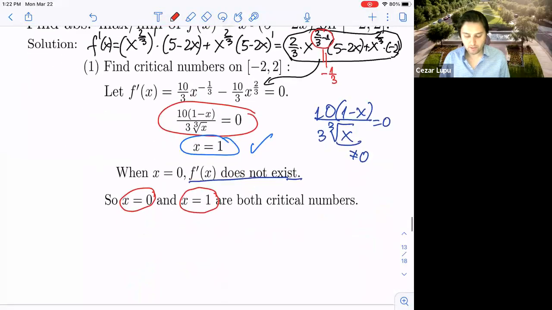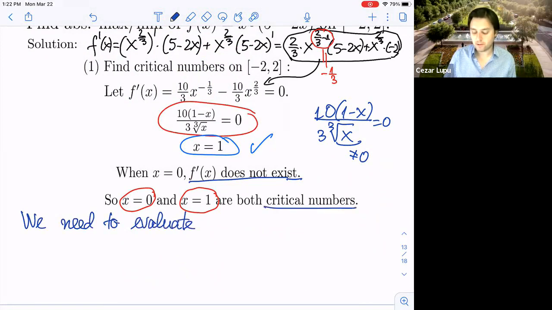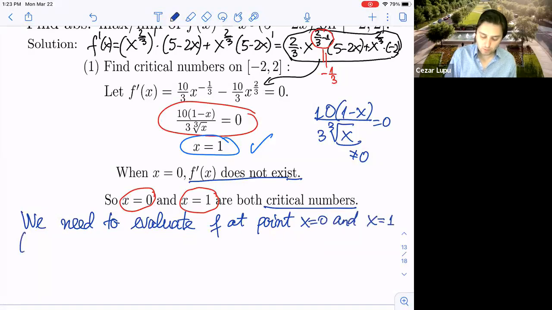So let's write it here. We need to evaluate f at the critical numbers, so f at points 0 and 1. Let's write it like this: x equals 0 and x equals 1. These two are what we call critical numbers.